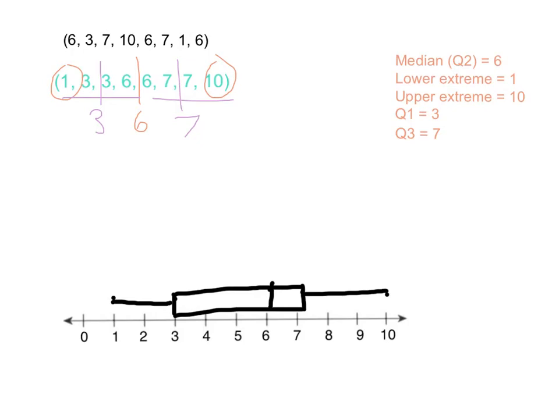Now we need to label our box plot. So we'll write Q1, which is 3, and this is Q2 and Q3. You will need a title, so we'll call it box plots.